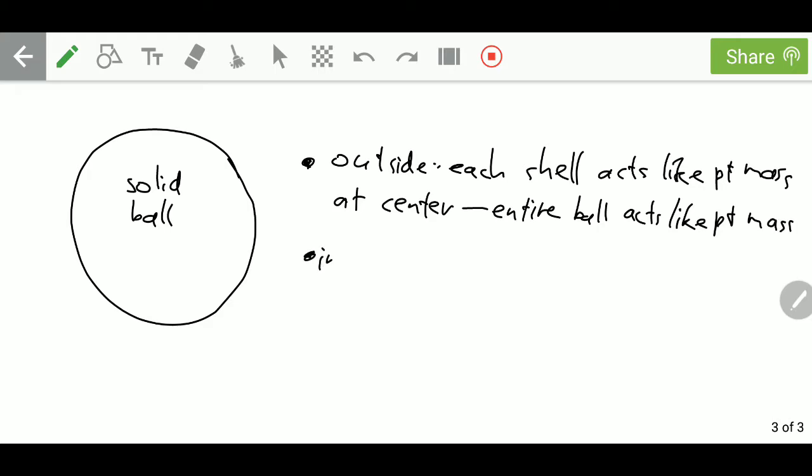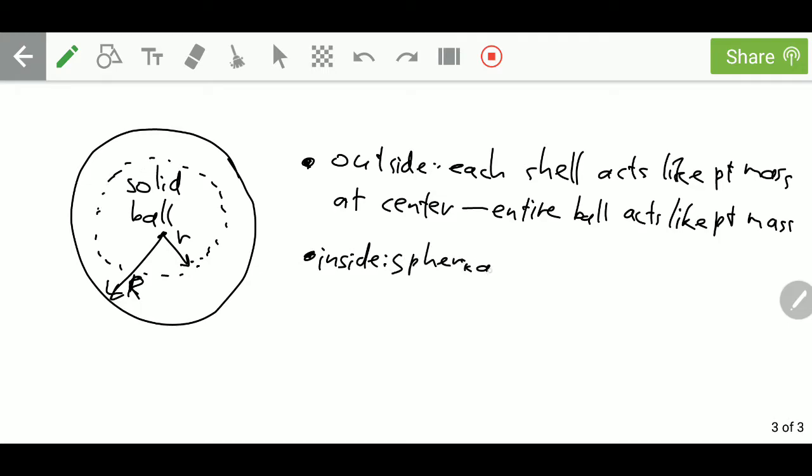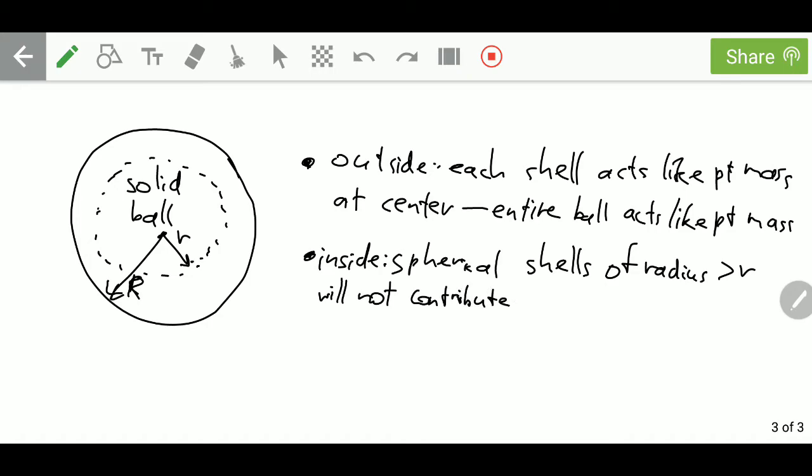Now, how about if you're inside? Well, let's say the total ball is radius big R, and now you're inside at a distance little r. Let's look at the different spherical shells. Spherical shells of radius greater than r will not contribute to the force at all, as we mentioned earlier from the theorem for hollow spheres.